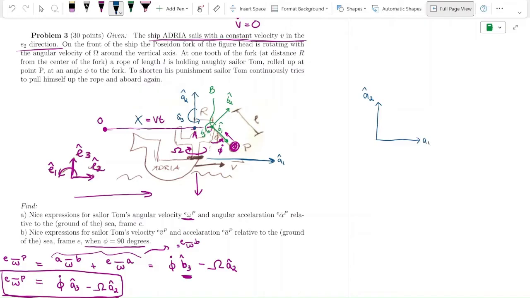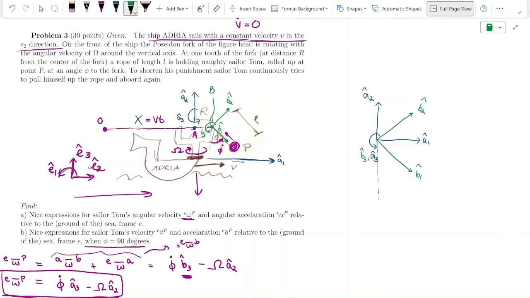Then I look at the B unit vectors, and if I'm also looking at it from this face down angle, I see b1 going this way, b2 going this way, and b3 in the same direction as a3 hat, as we discussed before. We should also draw some geometry of the problem.